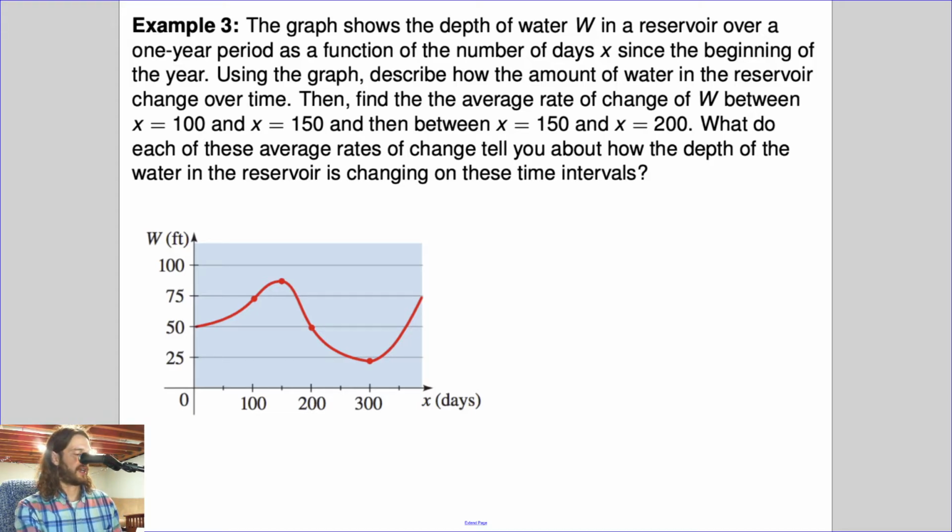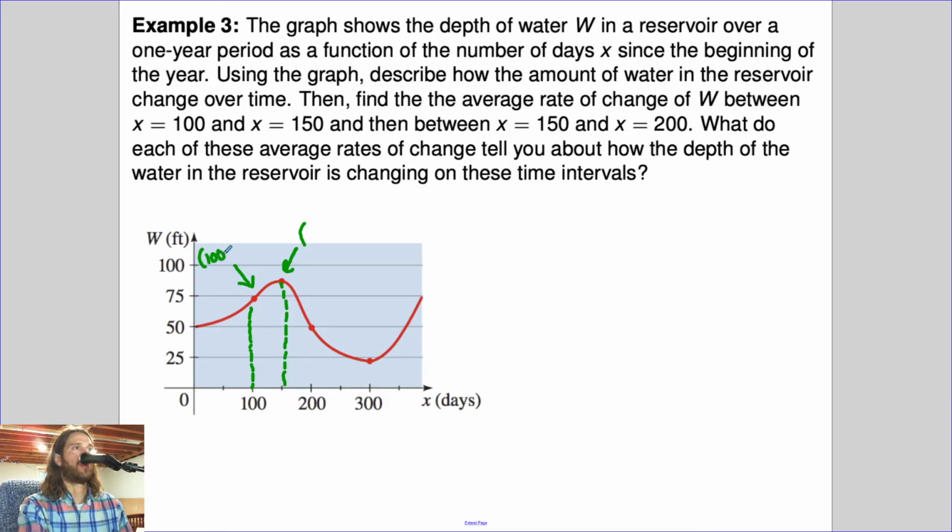So if we want to find the average rate of change between X equals 100 right here and X equals 150 right here, we want to look at these 2 points in time, like so. This point we can estimate.